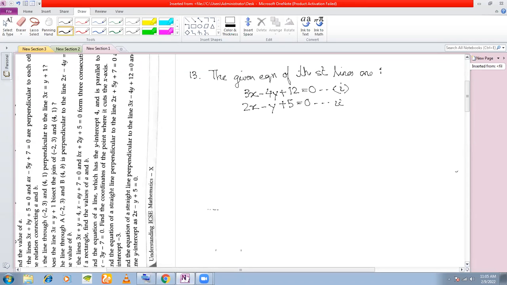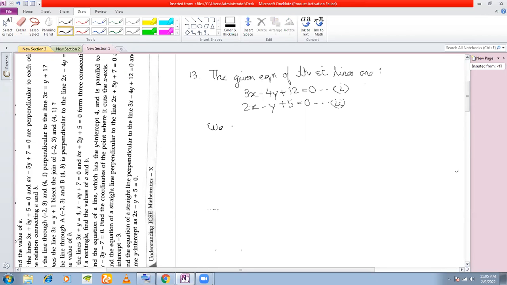Let's call this 2. Now, according to the question, we want to find out the equation of such a straight line which is perpendicular to 1 and has the same y-intercept as 2. This is the question. Okay. So let's write it.